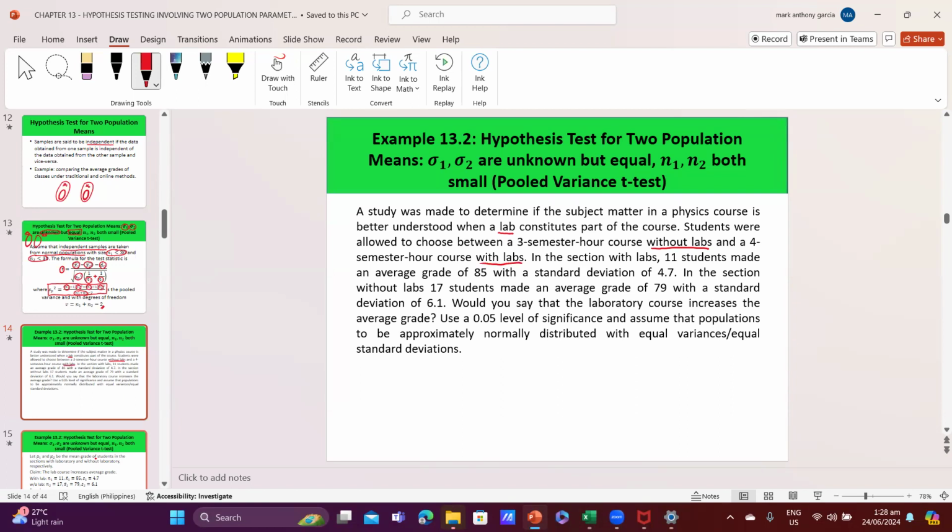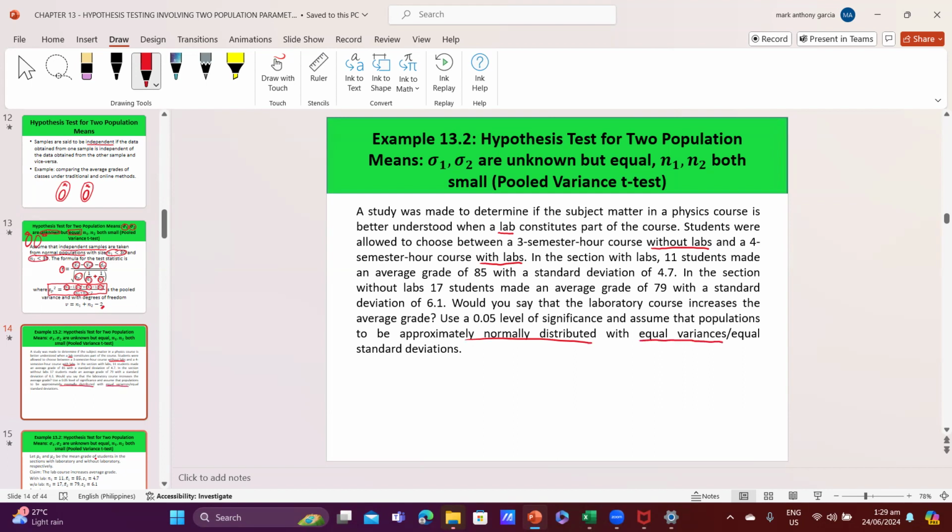In the section with labs, 11 students made an average grade of 85, with a standard deviation of 4.7. And in the section without labs, 17 students made an average grade of 79 with a standard deviation of 6.1. Now, would you say that the laboratory course increases the average grade? Use a 0.05 level of significance and assume that the populations to be approximately normally distributed with equal variances or equal standard deviations.